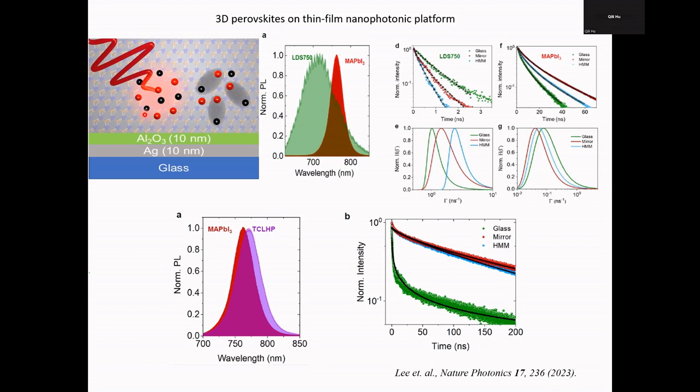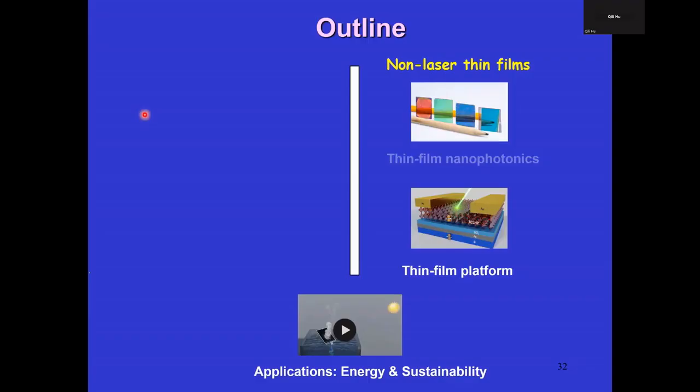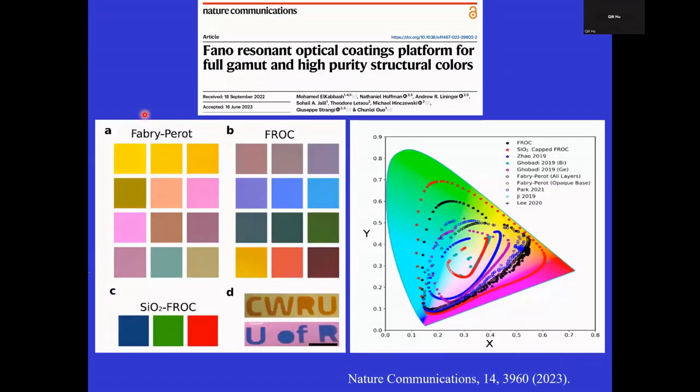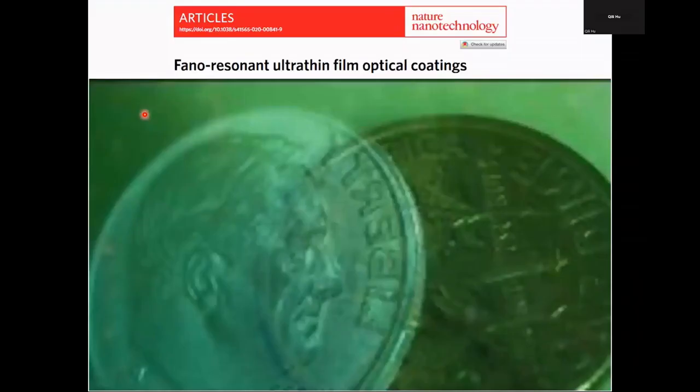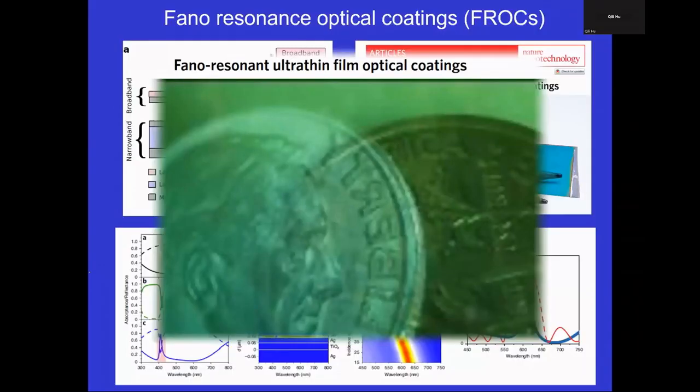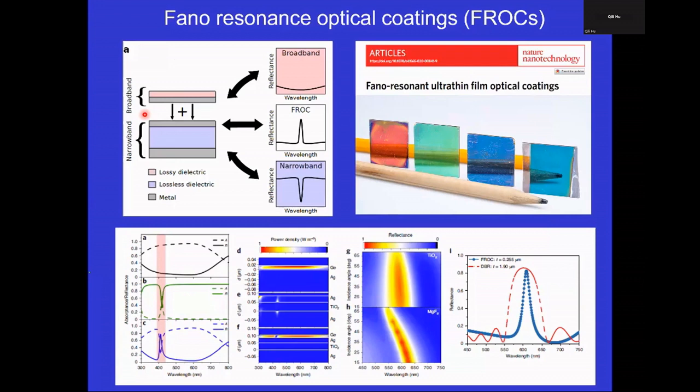So there's a question about incident angle dependence for the optical coating. Actually, we have a slide for it. Because of the time limitation, I wasn't able to get into a lot of details.